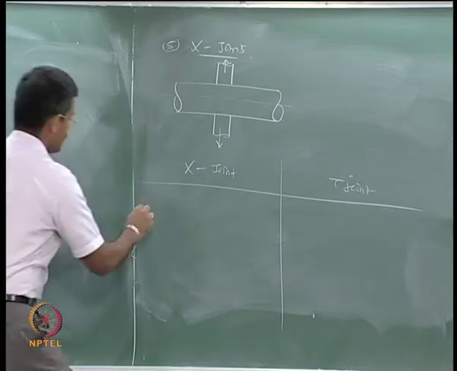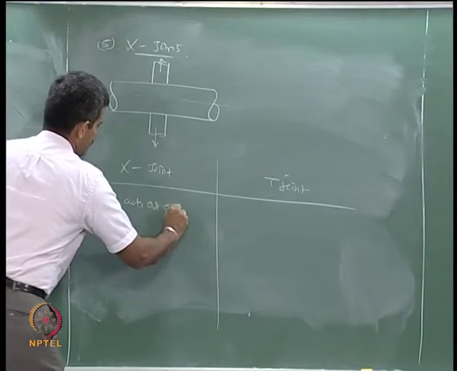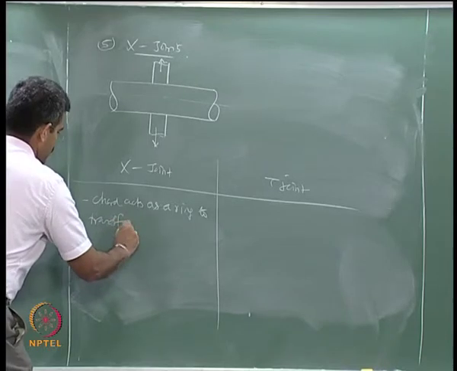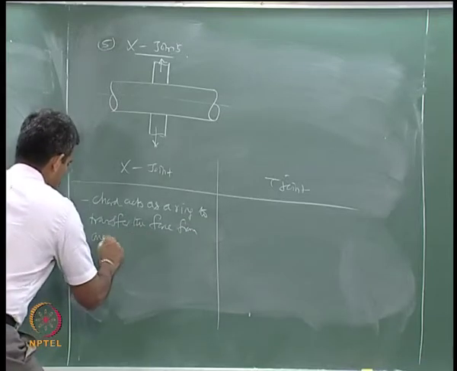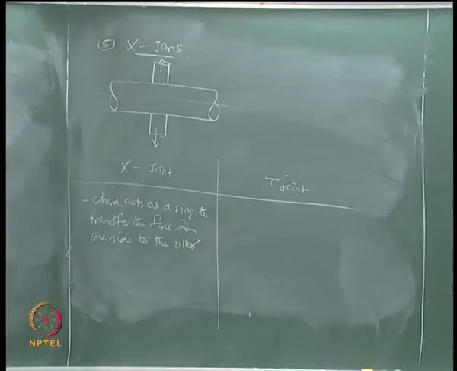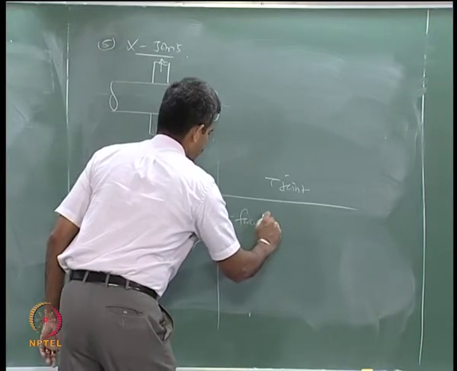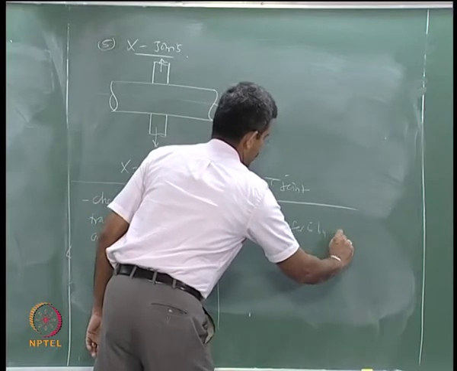In X joints, essentially the cord acts as a ring to transfer the force from one side to the other. It acts as a ring actually. Whereas in T joints the force transfer is by shear.